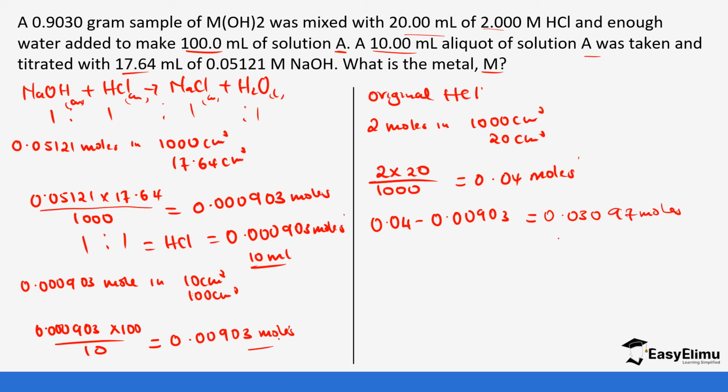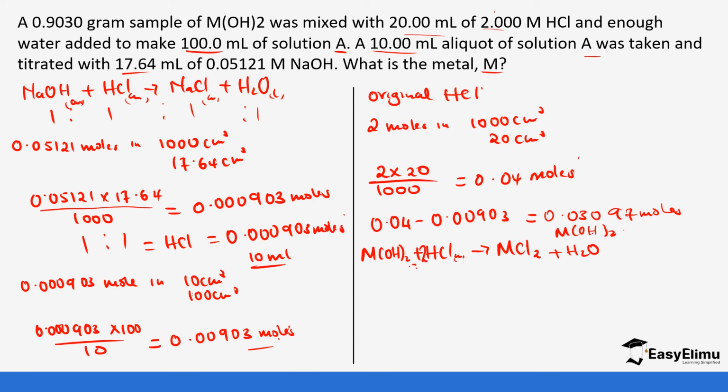So let's look at the equation for the M hydroxide. M hydroxide reacts with hydrochloric acid to form M chloride, and it's going to be 2 because you can see the valency of M is 2, plus water. So we put a 2 here and a 2 here, and our equation is balanced.